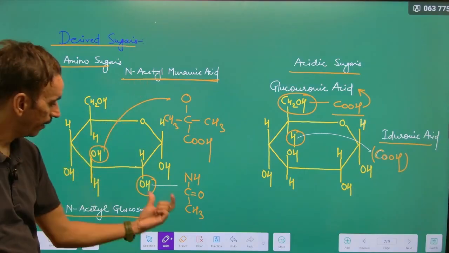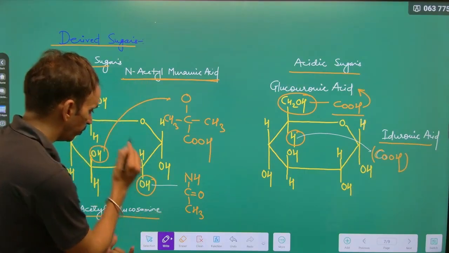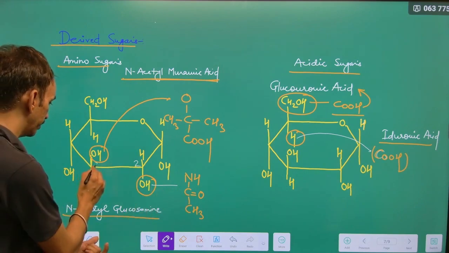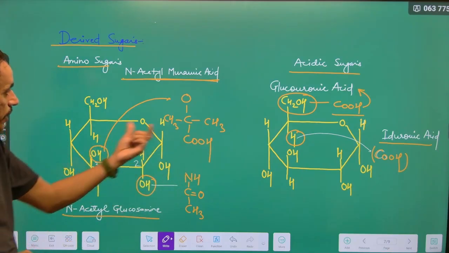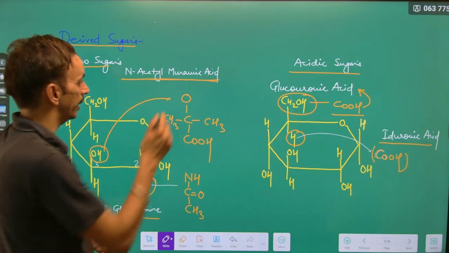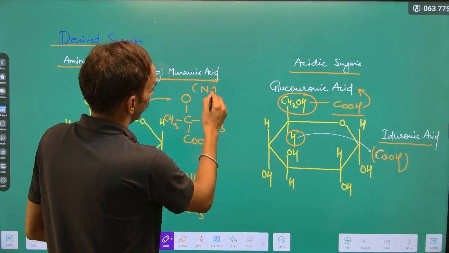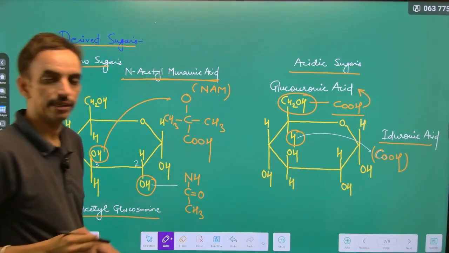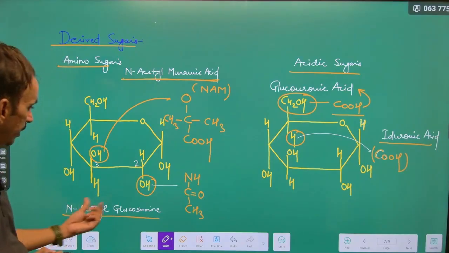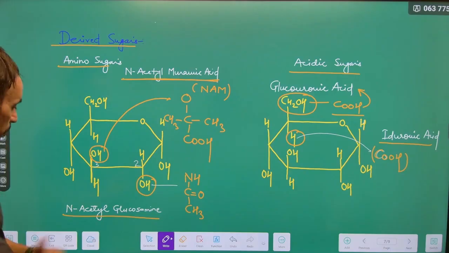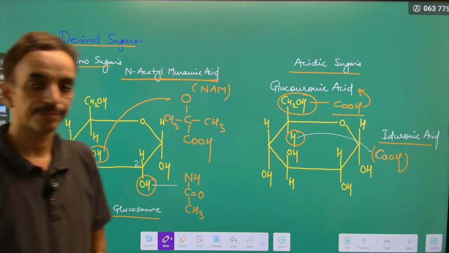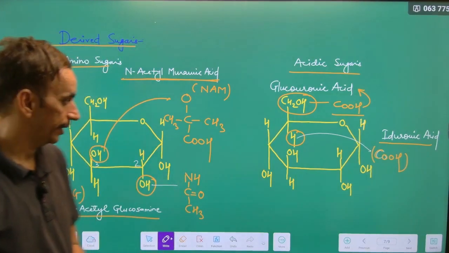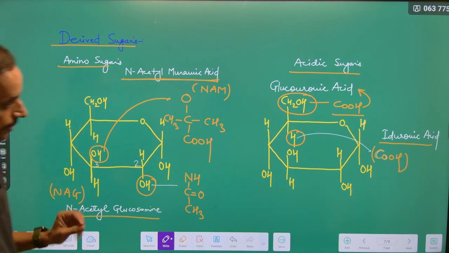The sugar having the acetyl group on carbon number 2 and the acidic group on carbon number 3 is called N-acetylmuramic acid or NAM, which plays an important role in bacterial cell wall formation. Similarly, if there is only this acetyl group over here, it is known as N-acetyl glucosamine. This sugar also plays an important role in the formation of the peptidoglycan cell wall in bacteria. So these are the derived sugars.